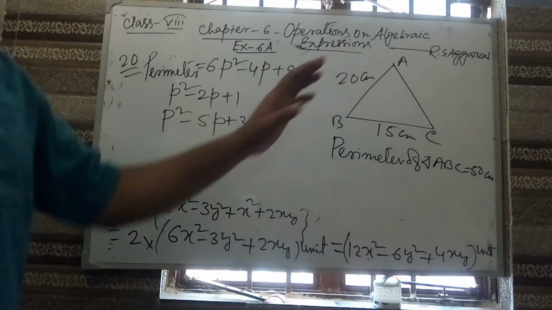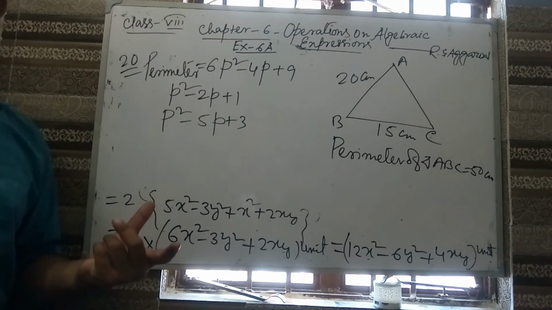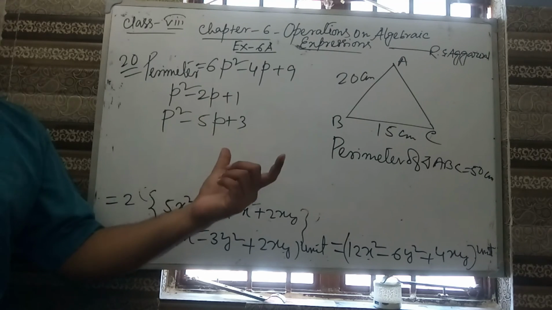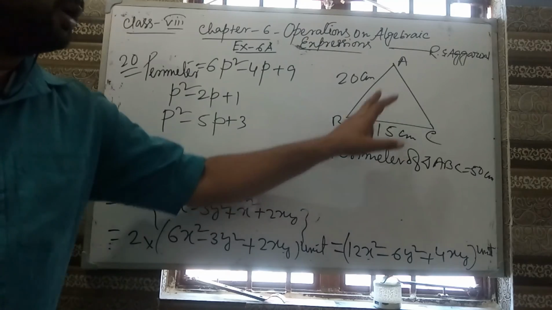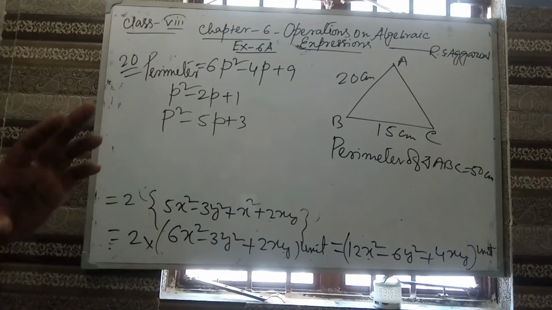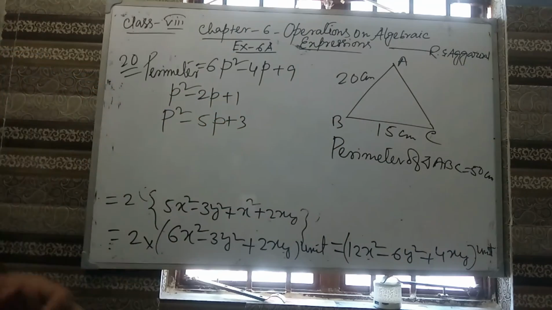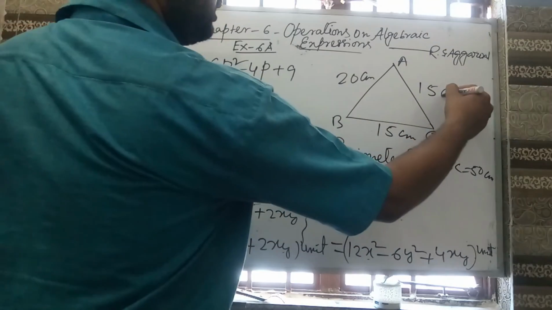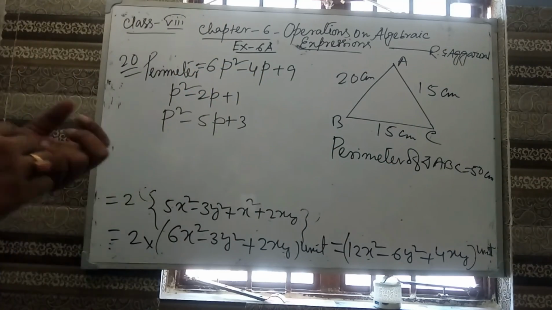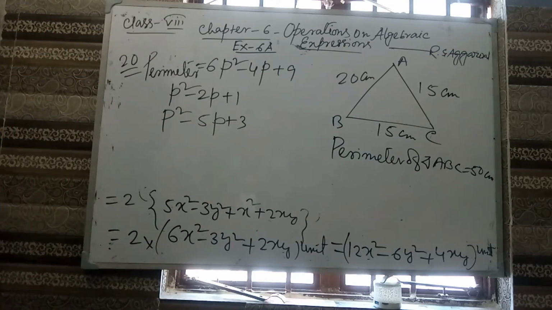Before I solve this, tell me what is the perimeter of a triangle. Perimeter of a triangle is the sum of all the three sides. So 20 plus 15 plus AC gives you 50, so AC must be 15.